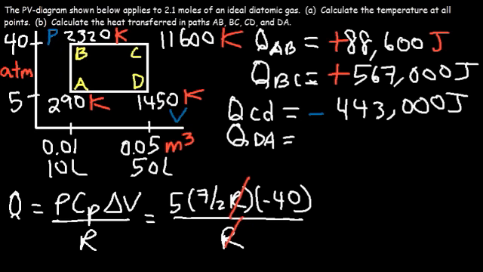And to decrease the temperature from 11,000 to 1450, you have to remove heat from the system. So now let's calculate this value. So 5 times 3.5 times negative 40 times 101.3, this is about negative 70,900 joules.